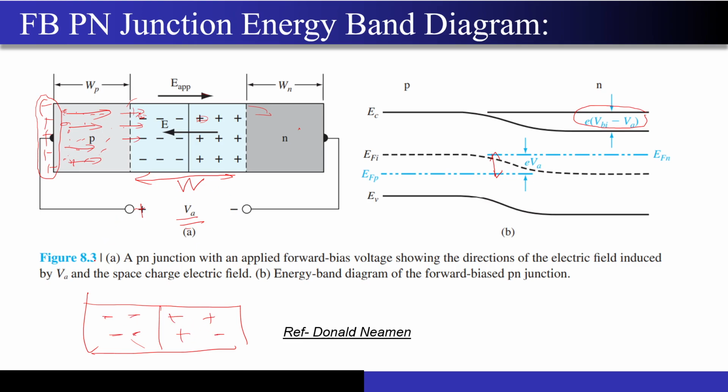Now if I start bringing free carriers into this region, then the definition itself gets violated, because this was the region where no free carriers existed. So if I'm bringing these free holes over here, this depletion region will reduce, because in this extra width delta I now have free holes. And why did they come? Because of the push from the battery.